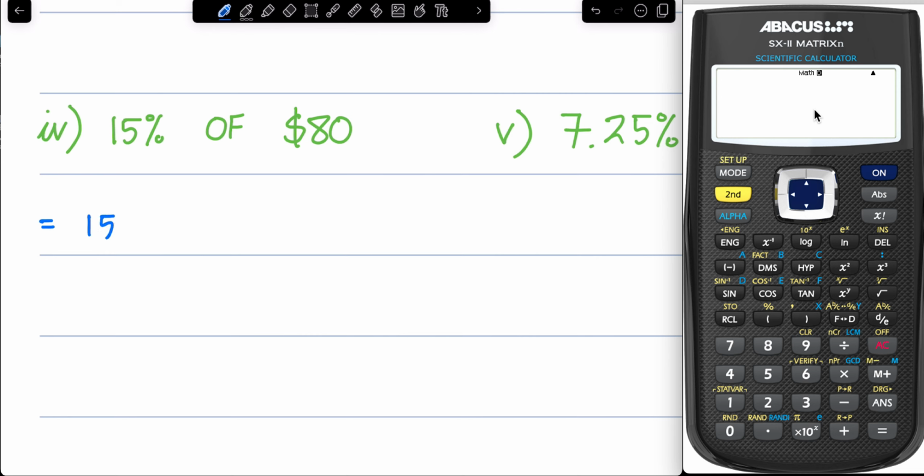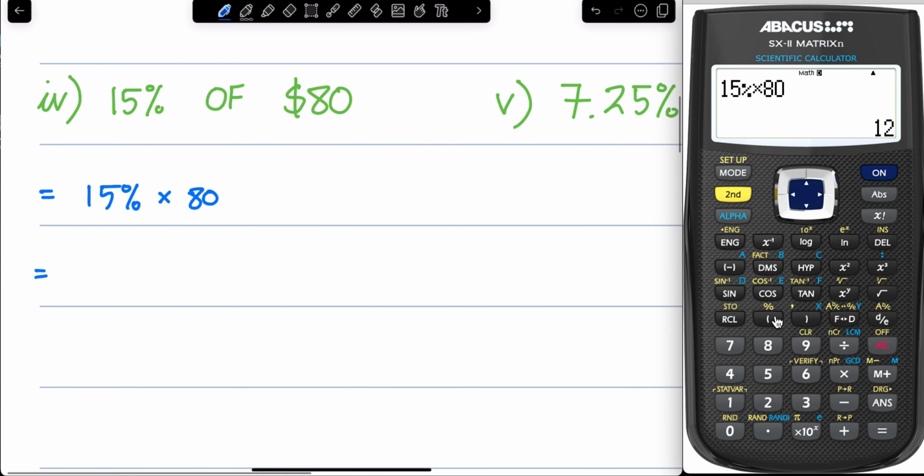So 15% times 80. So using a calculator, 15 shift percent times 80. We get 12. So for this, the only difference now is that since we have a unit of measurement, we must include that in our final answer. So 15% of $80 is $12.